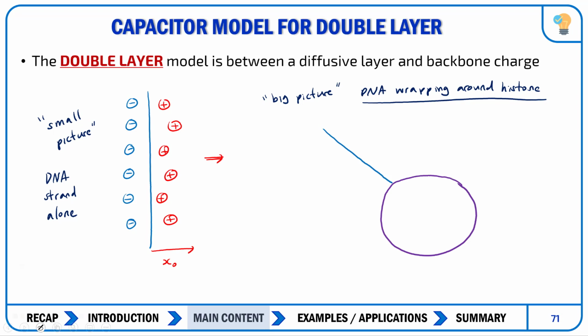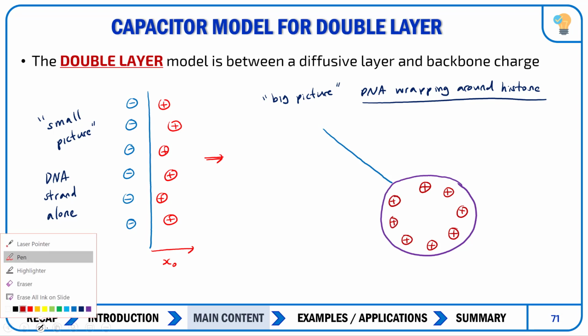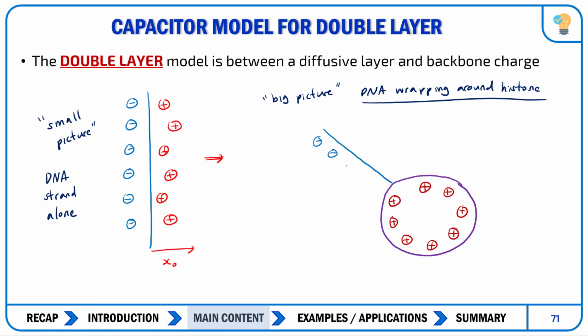So with the histone, the big picture really involves us understanding that the histone is full of positive charges. And we also know that the DNA is highly negatively charged.